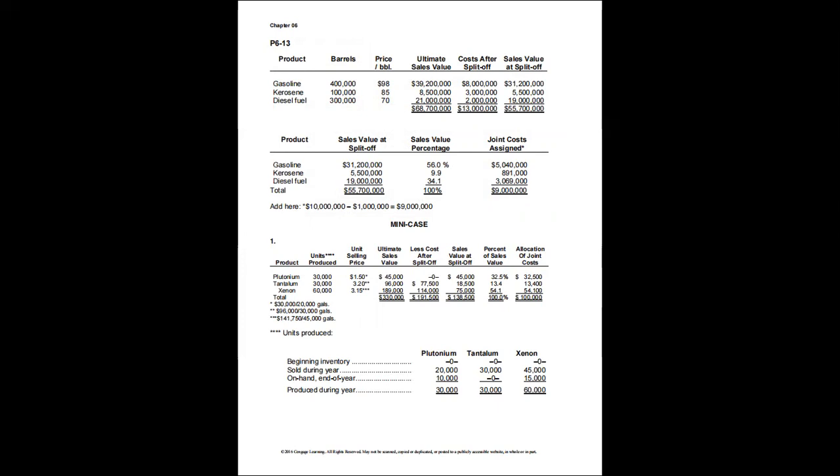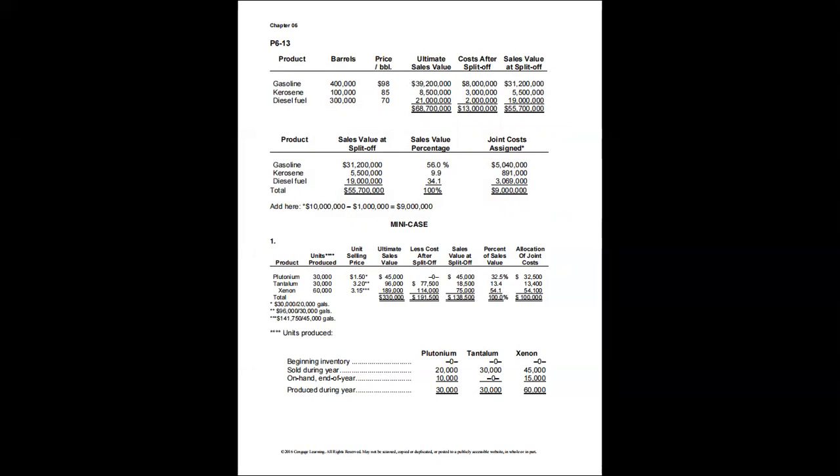Venezuela Oil Incorporated transports crude oil to its refinery where it is processed into main products, gasoline, kerosene, and diesel oil, and byproduct base oil. The base oil is sold at the split-off point for 1 million of annual revenue, and the joint processing cost to get the crude oil to split off are $10 million.